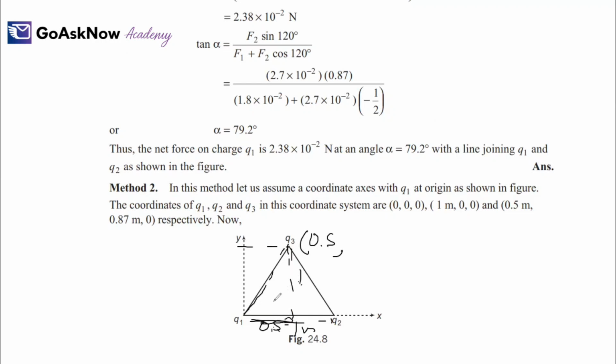So you have to calculate it by Pythagoras theorem. It will come out to be 0.87 meter. Okay, and the z-axis distance is 0 only, because it is in the xy plane. So you can find the coordinates of Q3 also. Now you have to just do the calculation part.